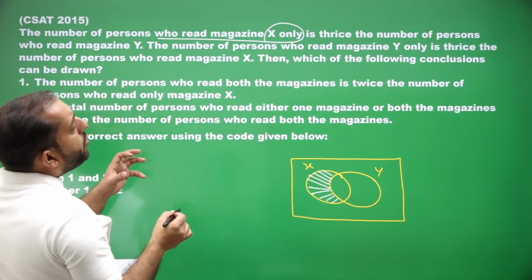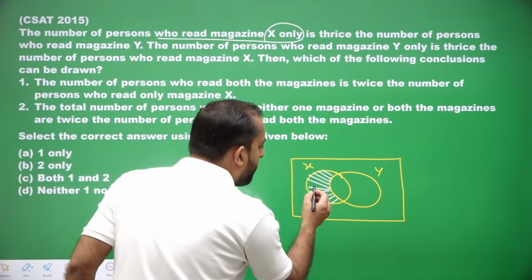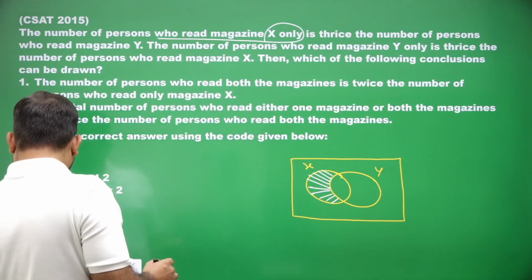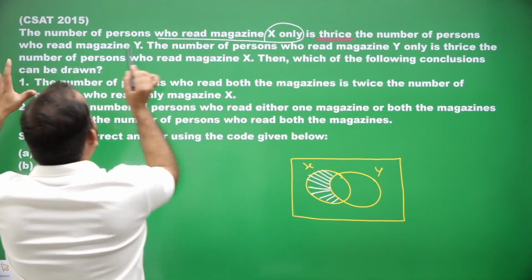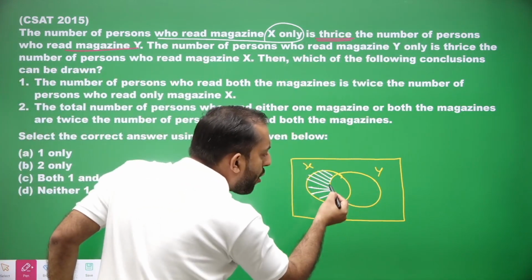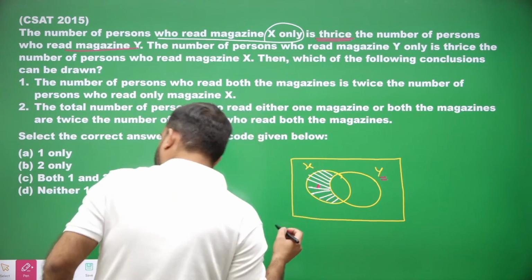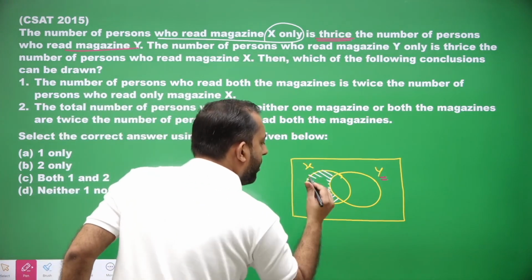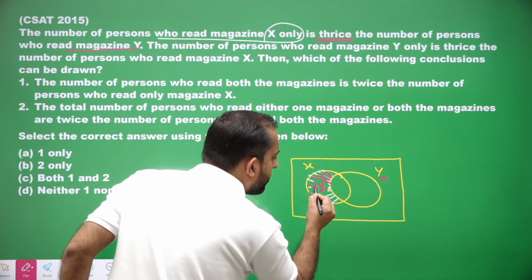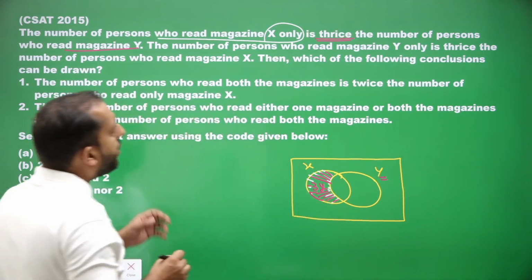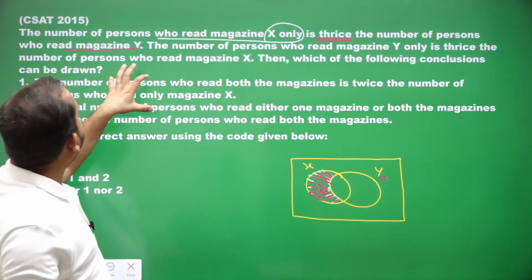And it is thrice the number of persons who can read magazine Y. So the value of this part, as per the examiner, is thrice the number of persons who can read magazine Y. So the total number of persons who can read magazine Y is Y. So the value of this region is 3Y. The region which belongs to X only, its value is 3Y.